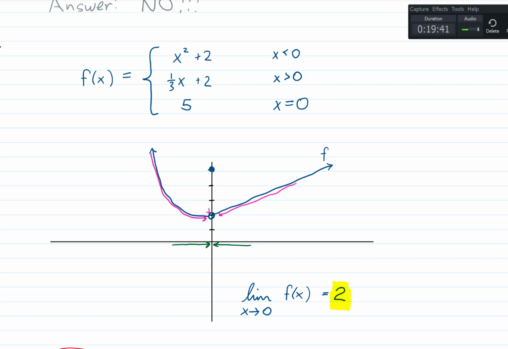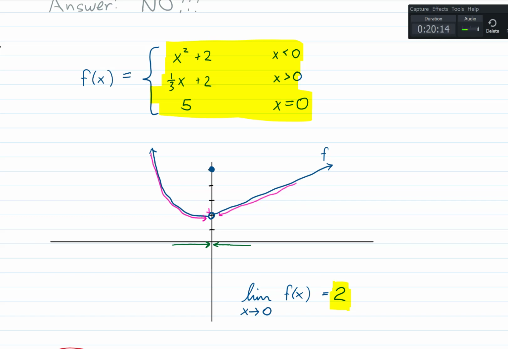The graph is a useful tool, but you should always base your answers on the mathematical stuff that you're given. Okay? You can't always rely on the graph. Although a lot of times we do rely on the graph, but what's important is you should be able to back up your conclusion with calculations.